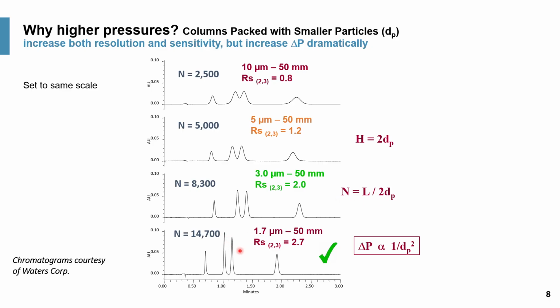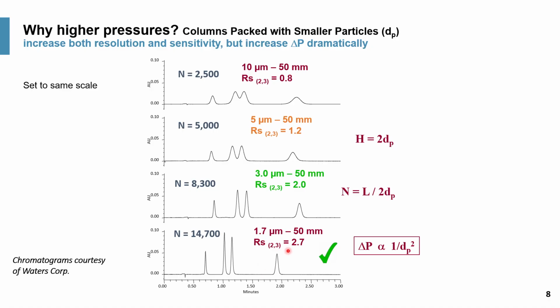So for a sub 2 micron column, 5 centimeters long, you get 15,000 plates, while a 10 micron column gives you only about 1/6 of the column efficiency, resulting in less resolution between peaks 2 and 3. You can see it's much better. And also a higher sensitivity in peak height because of the higher column efficiency.